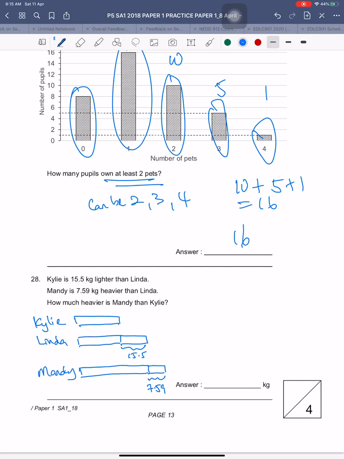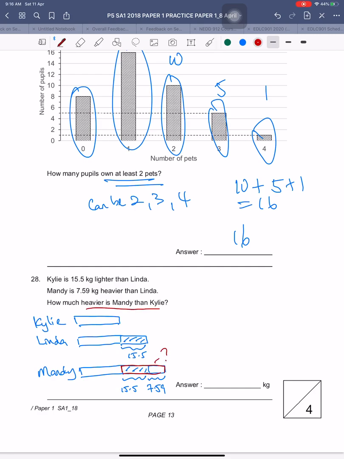So if this part is 15.5, this part must also be 15.5 kg. The question asks, how much heavier is Mandy than Kaylee? That means this is the more. Let me use another color. This is the more that the question wants.